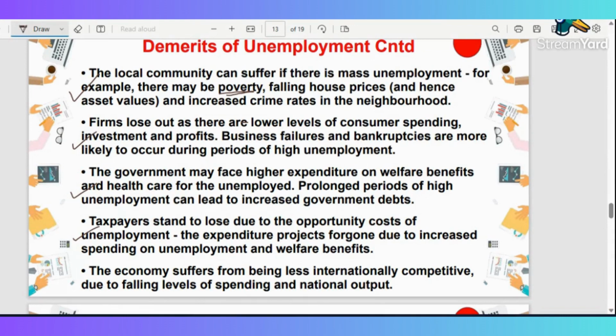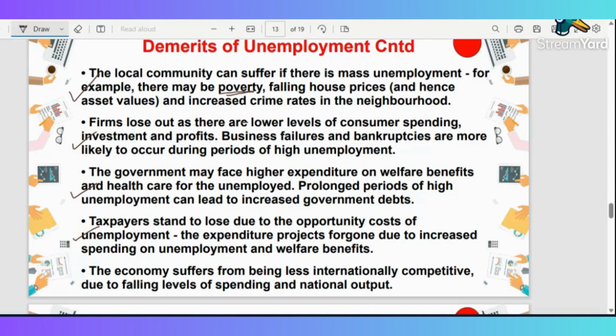So sometimes we say that they're not fixing the roads, they're not improving the healthcare system, the education system. When there's high unemployment, we do not see where the money is actually being used. The money is going towards the persons who are unemployed. For example, sometimes unemployed persons don't have anywhere to live, they don't have any money because they're not making an income.